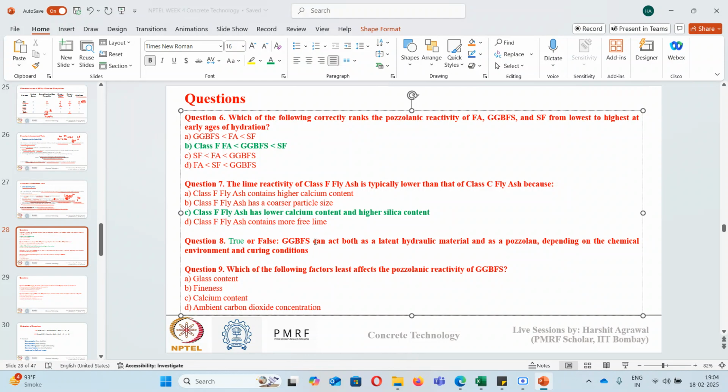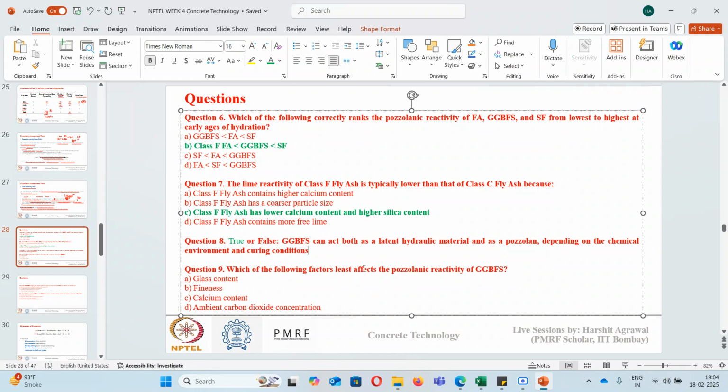If I have alkali ions and sulfate in my system, my GGBFS can react with water directly without need of calcium hydroxide. And it also behaves as a pozzolan. When it is combined with Portland cement, it can react slowly with calcium hydroxide to form CSH gel. So that's why it shows both hydraulic property and pozzolanic property, and it is known as a latent hydraulic material.